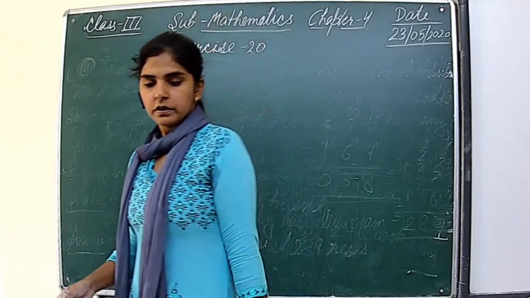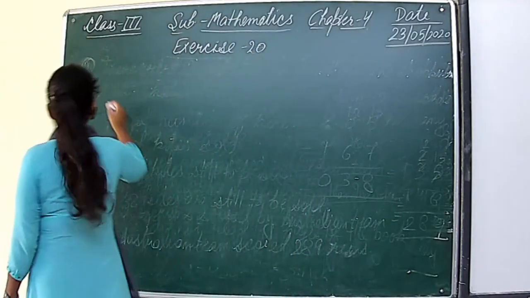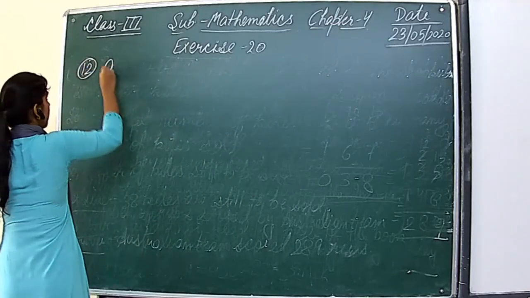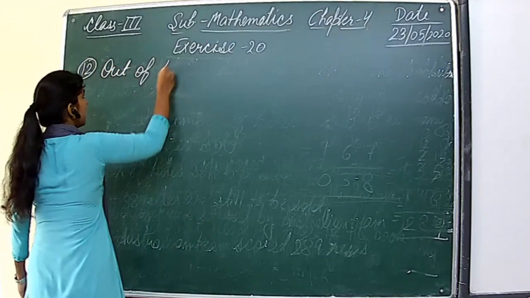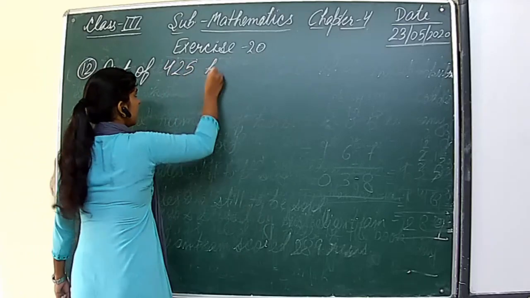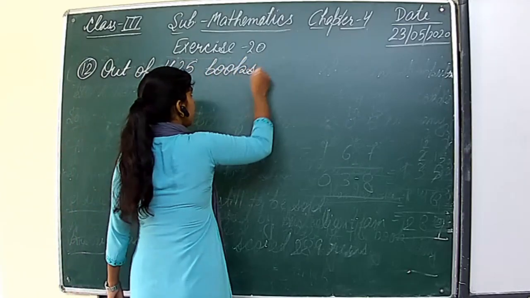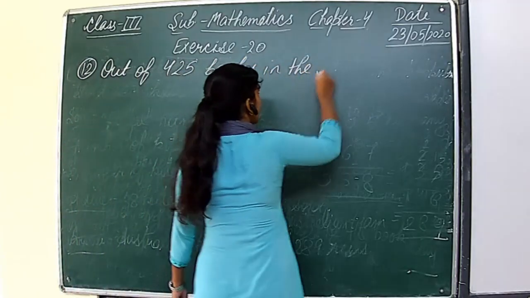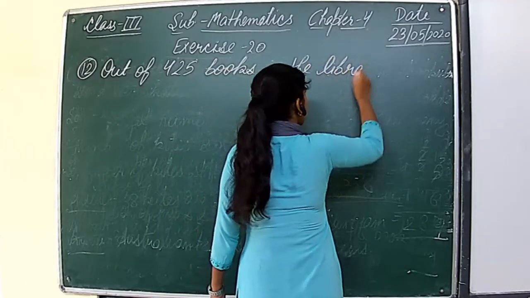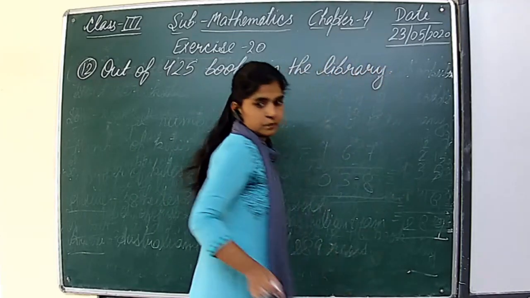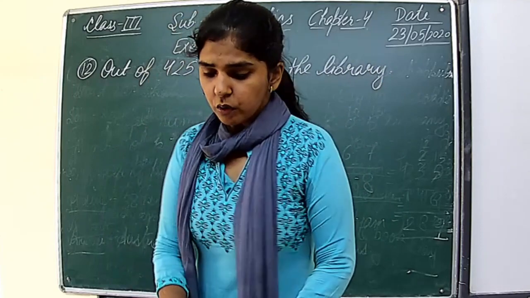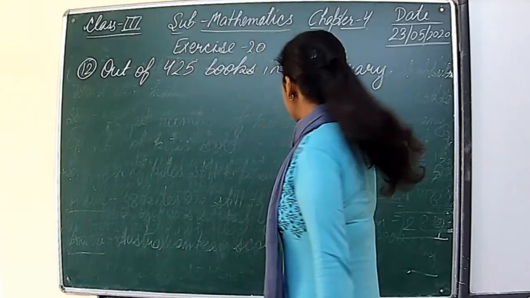Out of 425 books in the library, 268 books were lent out.